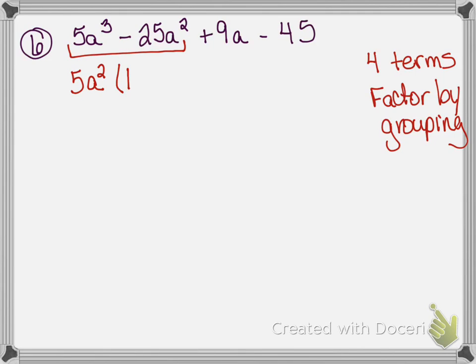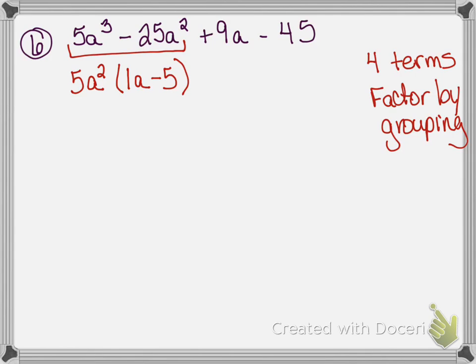Good, 1. A squared times what gives me a to the third? Excellent. Okay. 5 times what gives me negative 25? Negative 5. Okay. A squared times 1 gives me a squared. So I am not going to write that down.